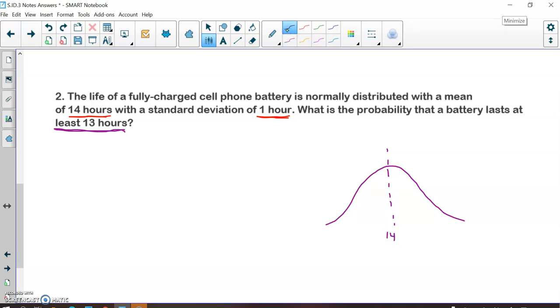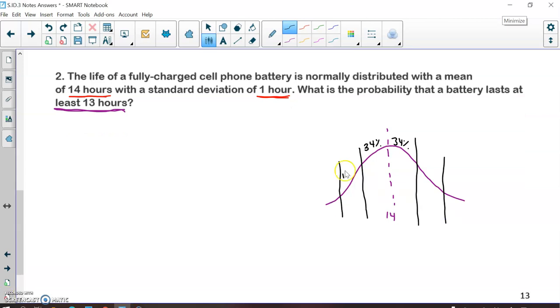It's probably best if you get the hang of this, drawing the symmetric curve and knowing the percentages. Within 1 standard deviation, it's 34% above and below. Within 2 standard deviations, it's 13.5%.